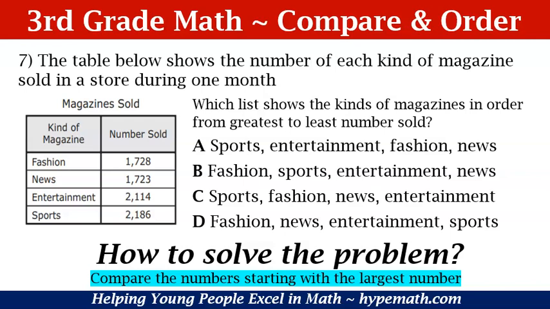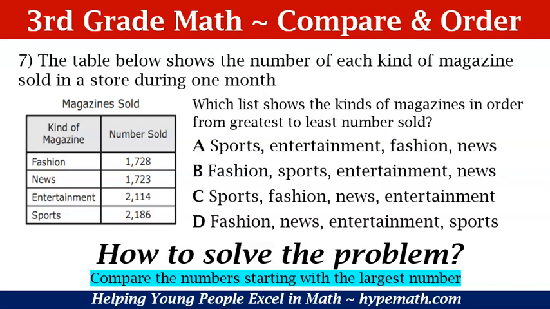So then we are going to move to the hundreds place, because that's what we said in our steps when we are ordering numbers. We are going to move the place values until we can find different numbers. So in the thousands place, entertainment and sports both have a 2.